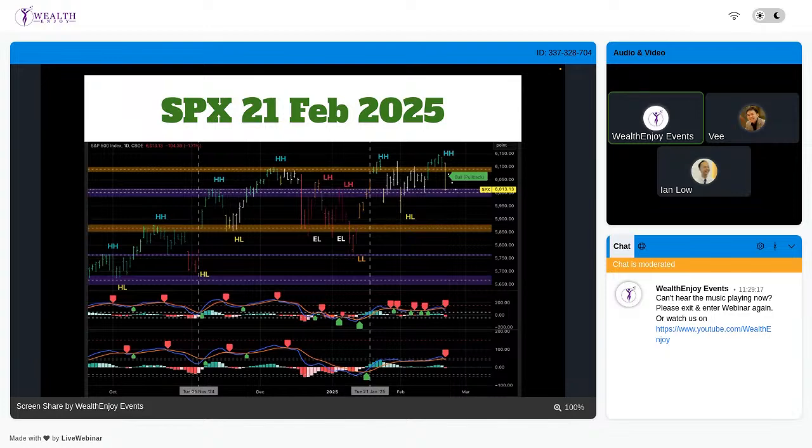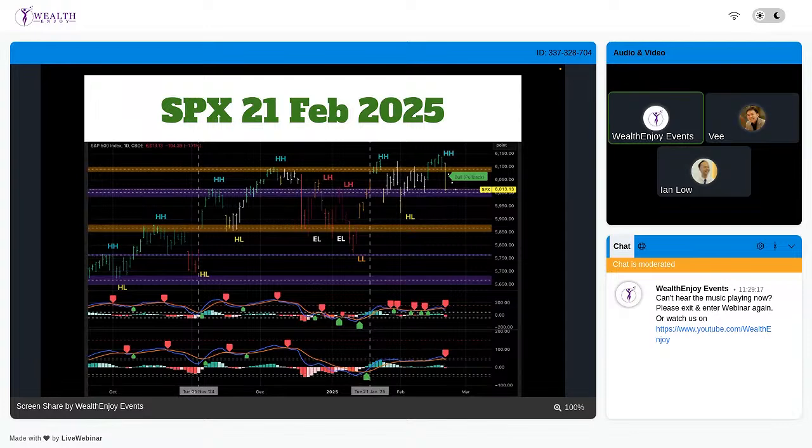Now, from yesterday's close, we can see that the MACD at the top, which is using the parameter 5-34-5, has just turned down, what we call a death cross. On the same day, the usual typical MACD 12-26-9 also had a death cross. So this suggests that the bearishness has crawled into the market.